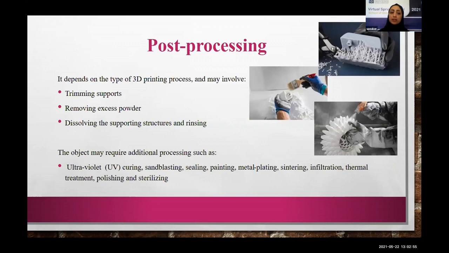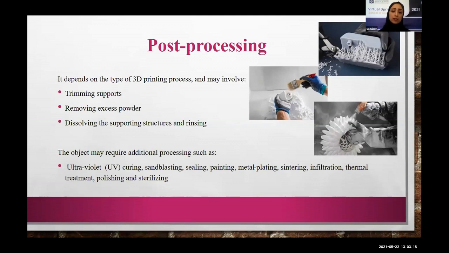Post-processing depends on the type of 3D printing process and may involve trimming supports, like in DLP, SLA, and SLM, of course. Or it can be removing excess powder, which is required in the powder bed fusion technique, and dissolving the supporting structure and rinsing.